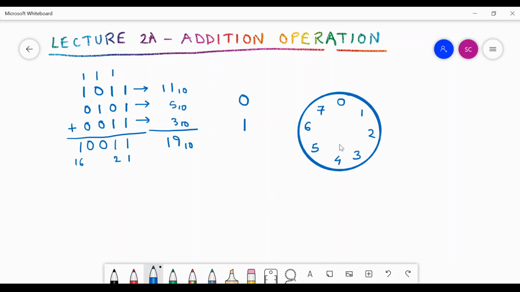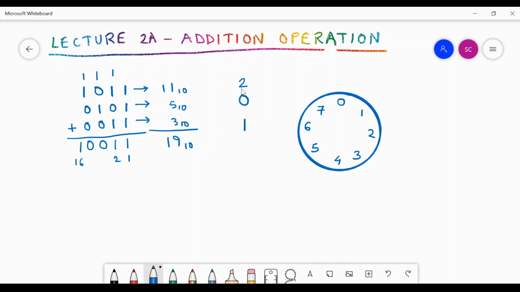Before we show an example in hexadecimal, let us try to see one more example in binary, where actually you will cross this 0 twice or maybe more than 2, and when that happens you have to write 2 or 3. Suppose twice you have crossed, you have to write 2 here, and this 2 will come as a carry, right.